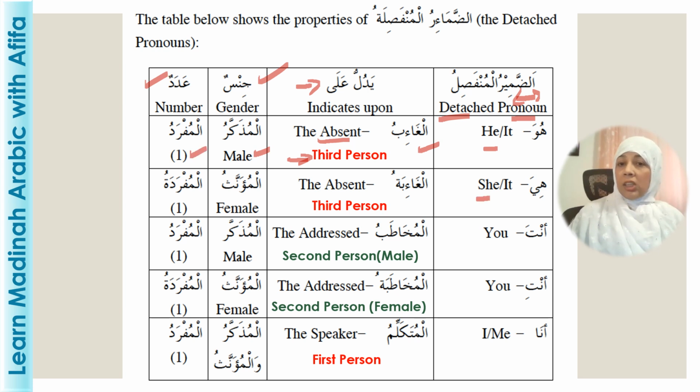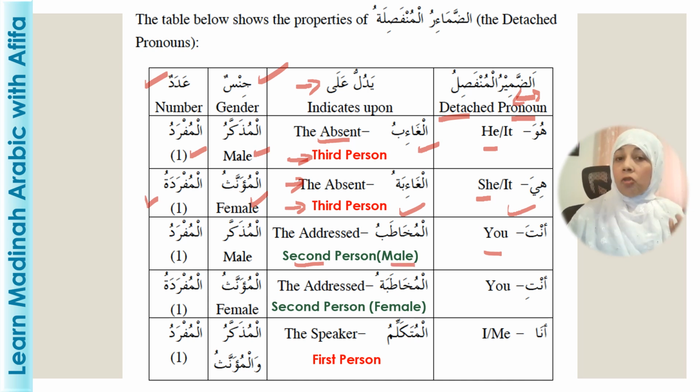We said she or it is here. Again, absent, because she is not here right now. We say she. So in Arabic, it is al-ghaibatu. This is al-mu'annasu, and singular al-mufradatu. We studied anta, which is you, for masculine you, and it is the second person male, which means the person you're speaking to, the addressed.